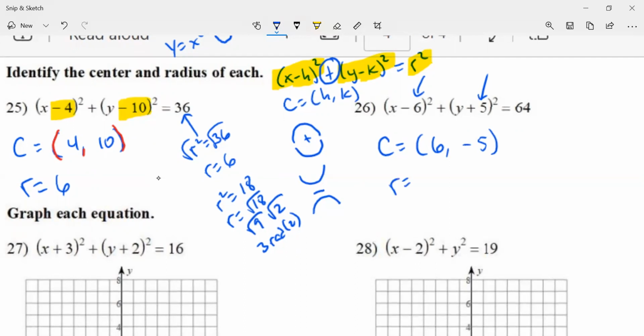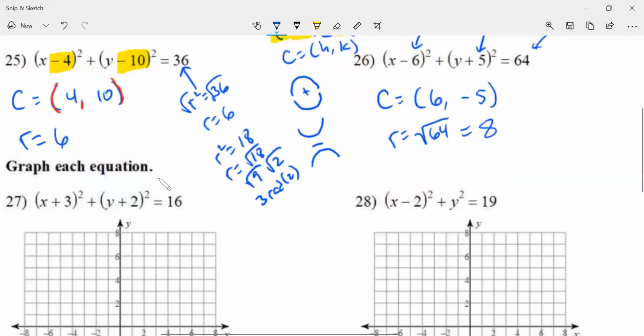My radius, I know 64 is r squared. So my radius is going to be the square root of 64. And write it in simplified radical form. In this case, it happens to be a whole number. 64 is a perfect square. But then I'm going to ask you guys to graph this. Okay.